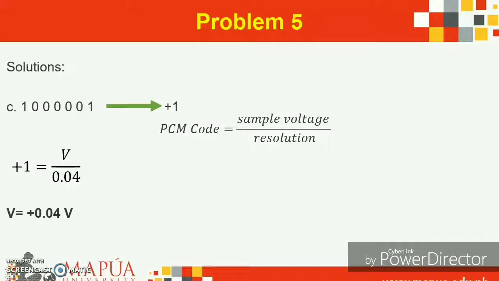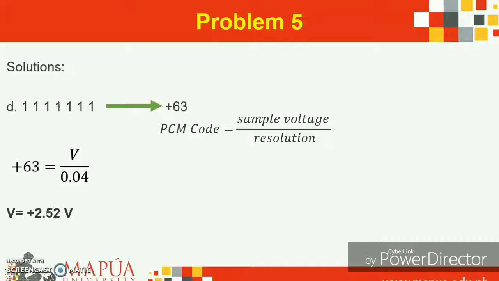For letter C, we again determine the value of the given PCM code. We have a sign bit of 1, which is positive, and magnitude bits equivalent to 1. So we have the PCM code in decimal form as positive 1. We multiply it by 0.04, which is the resolution, and we have the sample voltage equal to positive 0.04 volts. Letter D, we'll do the same.